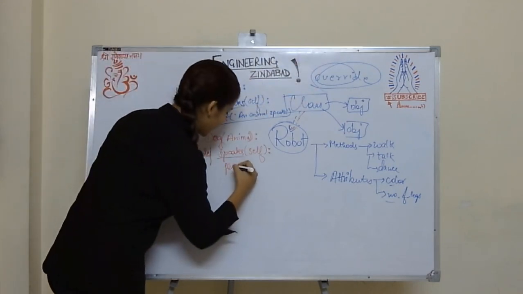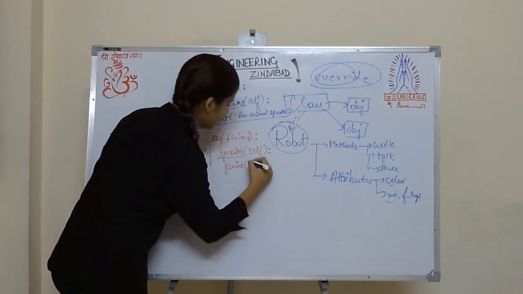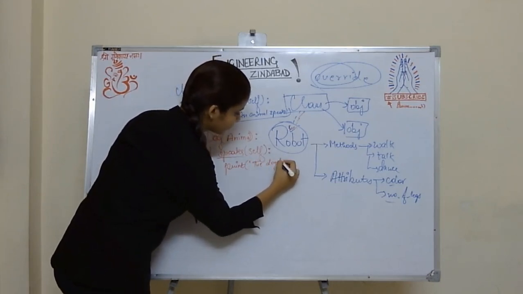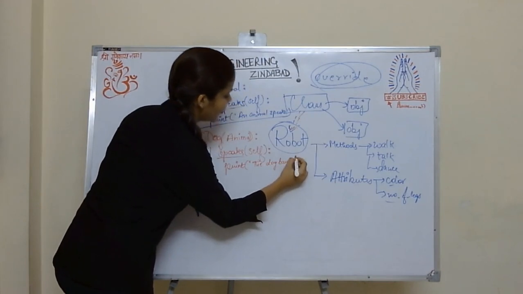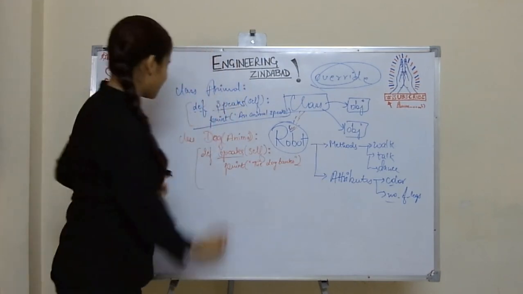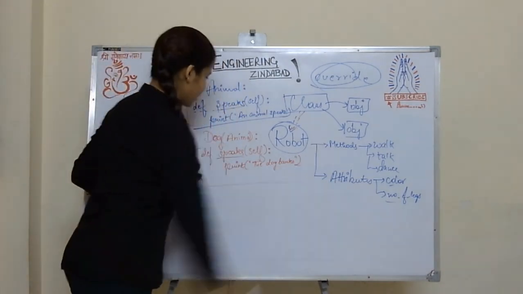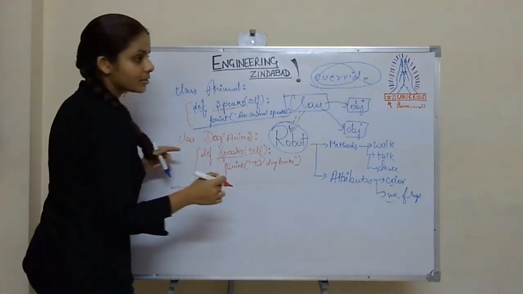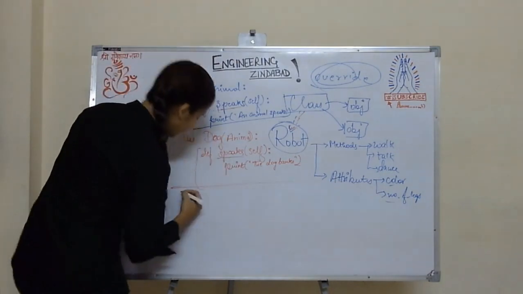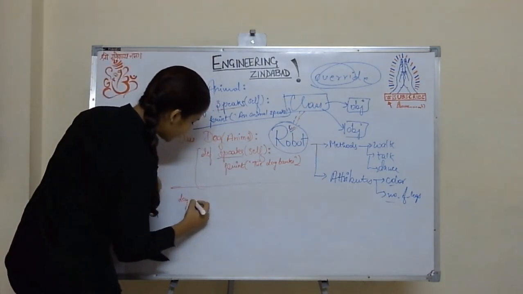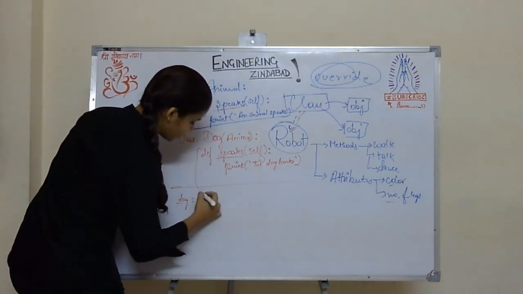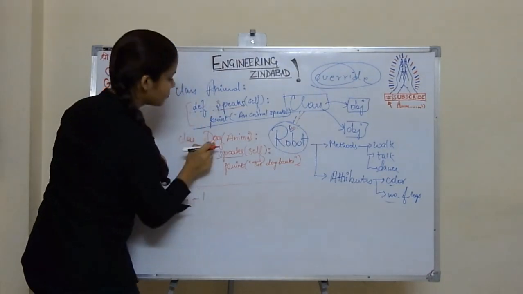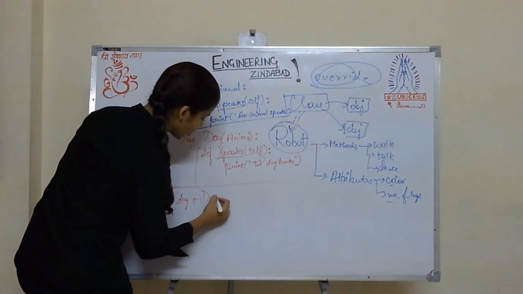So we will write print the dog barks. That's basically the concept. Now we will create the object of this dog class, d equal to Dog(), using the constructor.